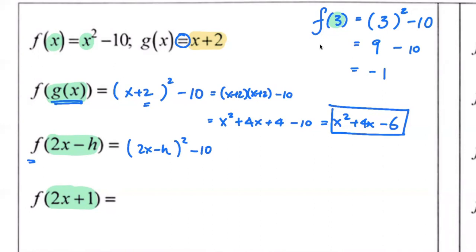This is just like f of 3 at the right upper corner. So you just put in the new x value. In this case it is 2x minus h. So you can leave it like this, or you can expand it. Either way, it's fine. So you have this. All right. And I have a small number of students who wrote a minus h squared instead of plus h squared.